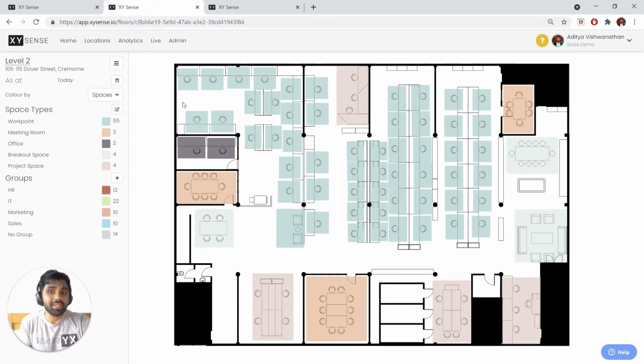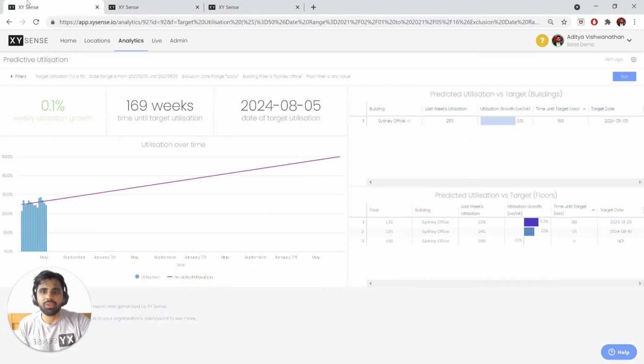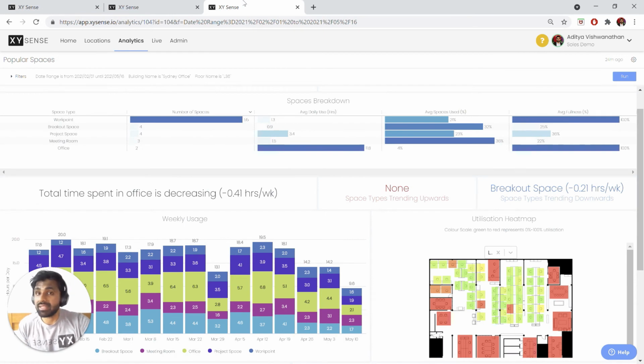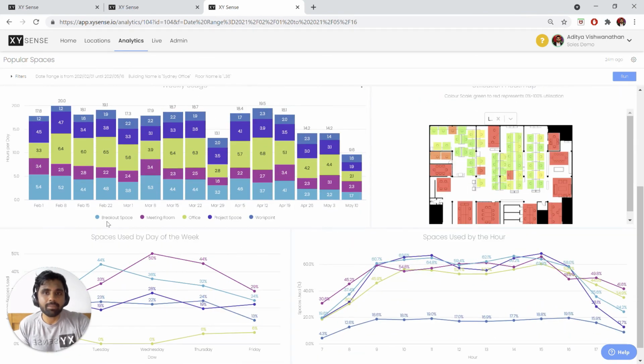So for example, if we investigate a little bit further into what's going on in the Sydney office level 36, I can pull open the recently released Popular Spaces dashboard, where if I filter down to Sydney office level 36, you can see that the total time being spent in the office is decreasing, which was clear from looking at that utilization metric, but also specific space types within my office are exhibiting that decline much stronger than others.